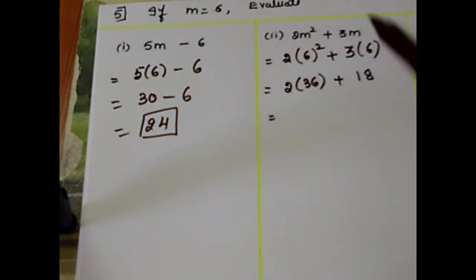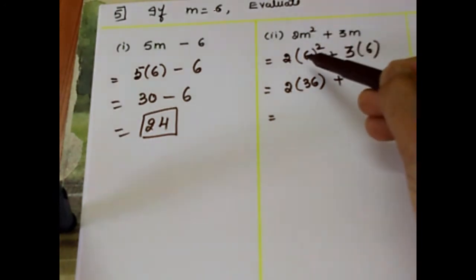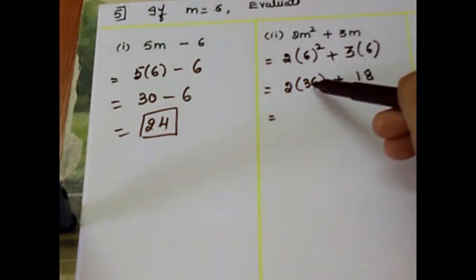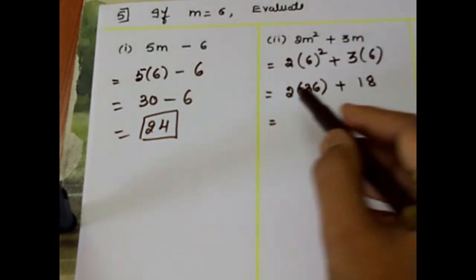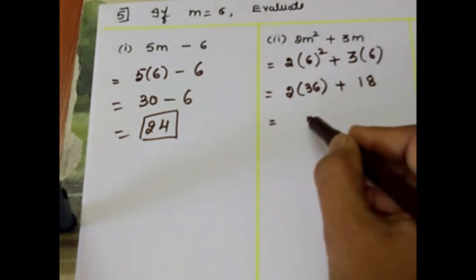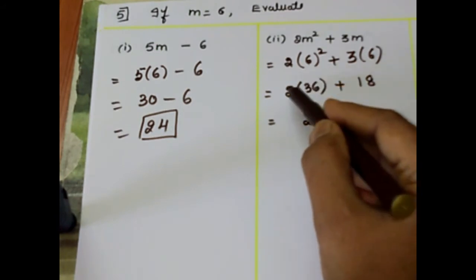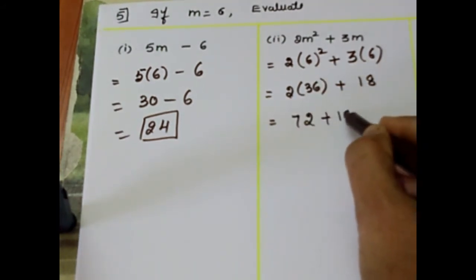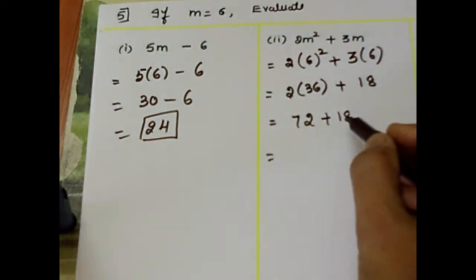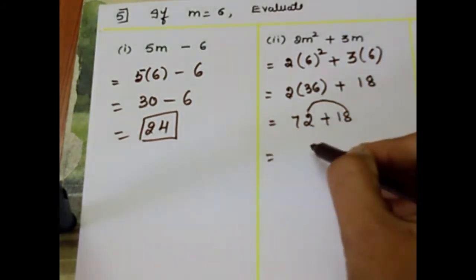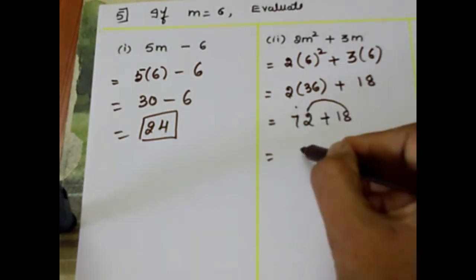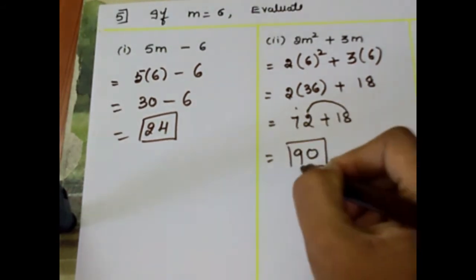Very wrong method. 2m square, first I should calculate m square. 6 square is 36. 36 2s are... Now multiply. 2 6s are 12. 2, 1 carry. 2 3s are 6 plus 1, 7. 72 plus 18. 8 plus 2, 10. 0, 1 carry. 7 plus 1, 8. 8 plus 1, 9. 90.